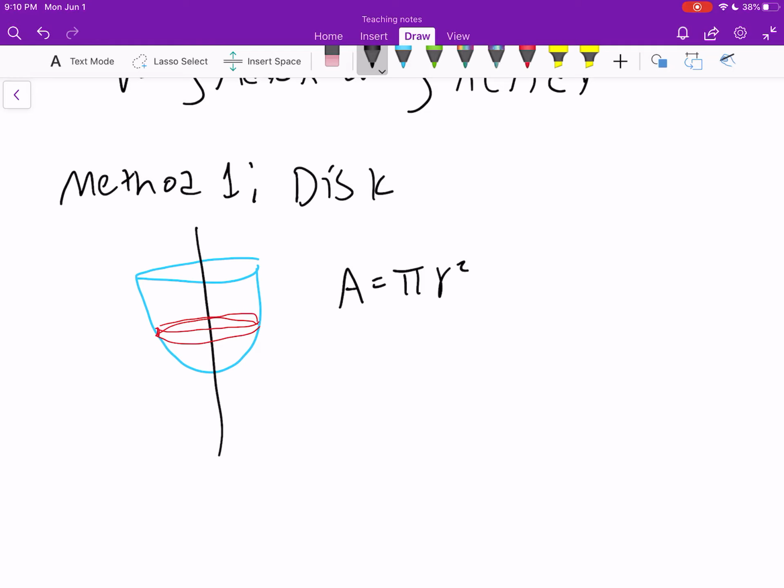And now the problem I have is to determine r in terms of x and y. So typically r is just going to be x or it's going to be y.